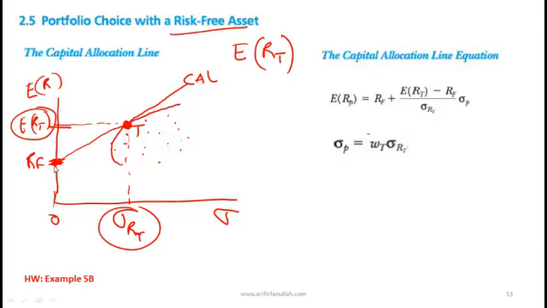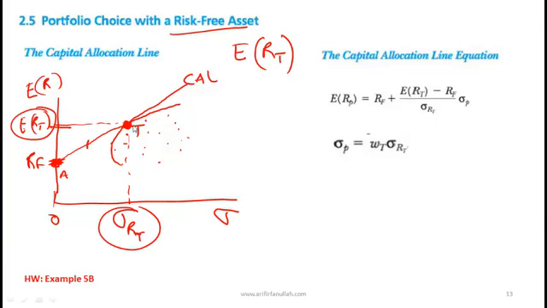What does this point A represent? 100% risk-free asset. This T represents 100% in portfolio T. What about points between A and T? These are different weightages. Halfway in between, we'll have 50% of our money in the risk-free asset and 50% in T.